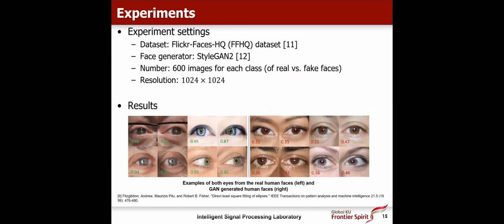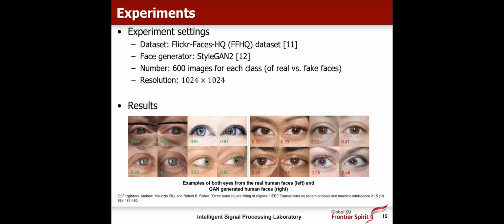We can see in this picture that they also demonstrate the results. On the left side, we can see that the pupils from real human faces are always perfect ellipses, so the boundary IOU score is also high. It is always higher than 0.8.